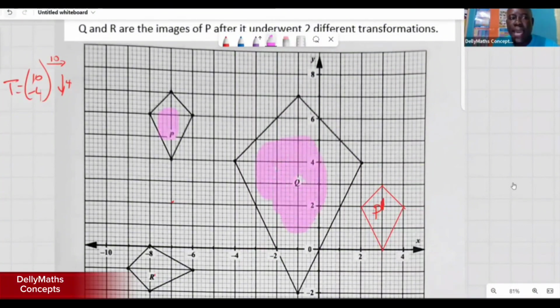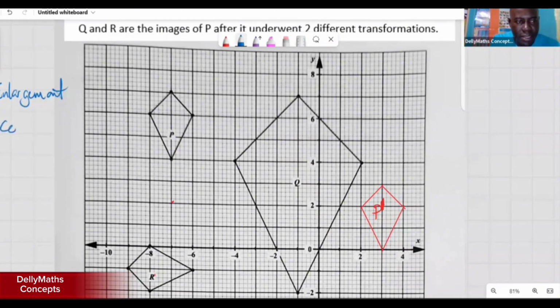Now, the moment the size of the image changes, it's a dilation, what we call an enlargement, right? So it is definitely an enlargement. For an enlargement, there are a number of things that you want to list. It is an enlargement already because the size changes. We want to know the center of the enlargement, and we want to know the scale factor. So when you're describing an enlargement, you only need to find the center and the scale factor.